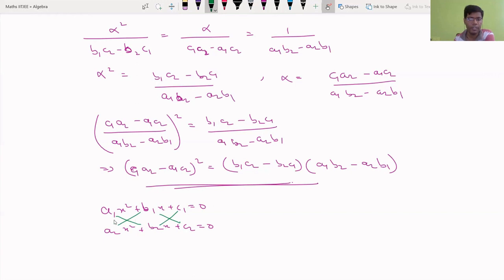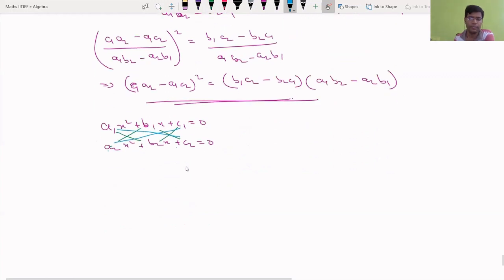This is the term. a1 b2 minus a2 b1. This is the term. And for this, it will go from here to big cross, from a1 c2 minus a2 c1 square. Okay, so first here, then here, and the final one here. So that's how we can remember this particular relation. So this is the condition when we have one root as common in these two given equations.